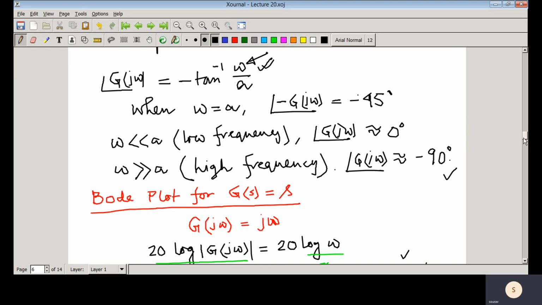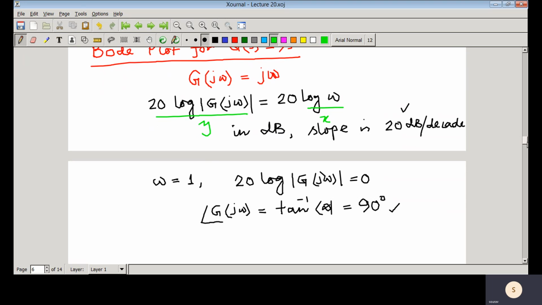In the last class, there should not be any minus here, that was a mistake. At omega equal to a, the angle would be minus 45 degrees. So this is the Bode plot whenever we have s.